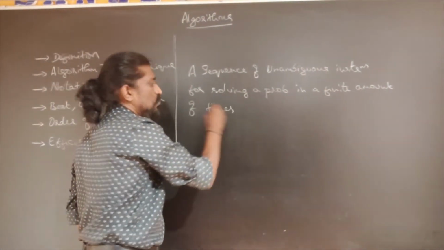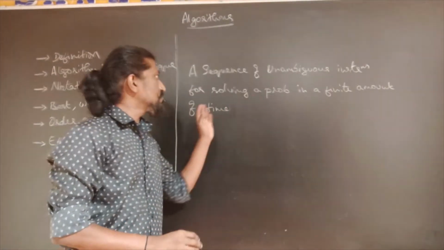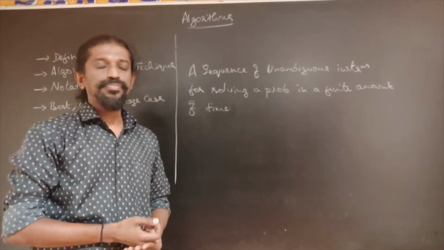So this is one of the definitions of algorithms. An algorithm is a sequence of unambiguous instructions for solving a problem in a finite amount of time.